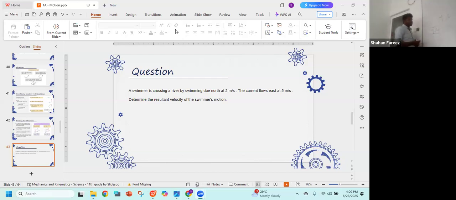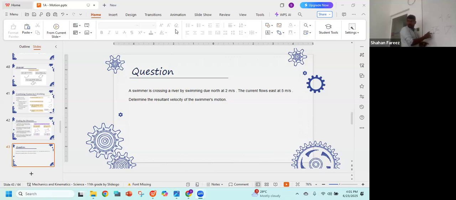Now, how do I find the resultant? Since I'm not going to draw it to scale, I will use the Pythagoras theorem for the calculation. So assuming they meet the bank at this point, the boat is going like this and reaches the bank, right?